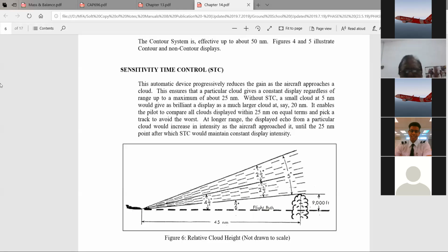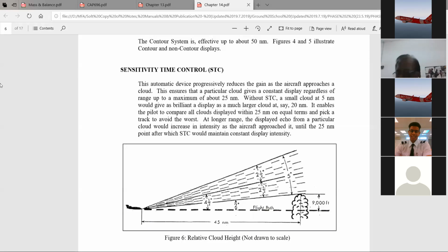Tilt above is plus 15, tilt below is minus 15. That means if the center of the beam happens to be 5 degrees below the level you are flying at, then the tilt is minus, whatever the case may be. Have you understood? Then I'll give you the examples.